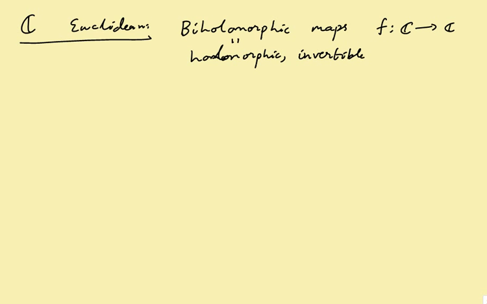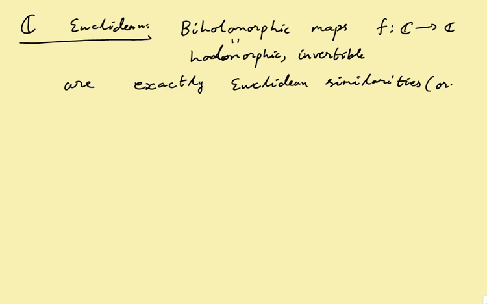You can ask for it to just have an inverse as a set theoretic map, that is being bijective, and then the inverse is automatically holomorphic, in particular continuous. Okay, so holomorphic and invertible are biholomorphic maps. These are exactly Euclidean similarities. Well, with one little caveat, which is that they have to be orientation preserving.